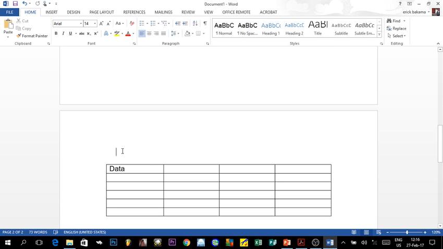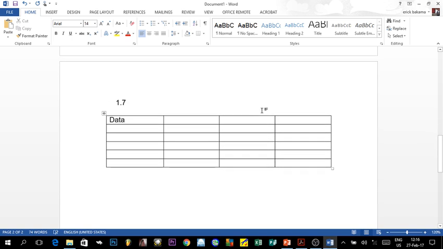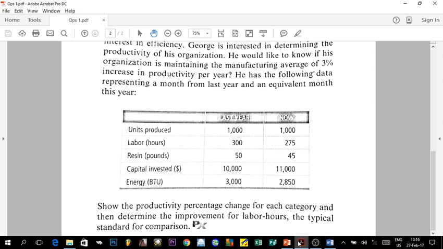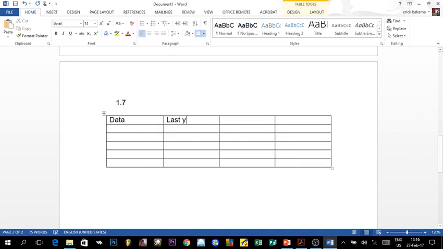The exercise is 1.7. So we have the data, and here we have last year, and the other column is for now, and then we need to check the productivity change.